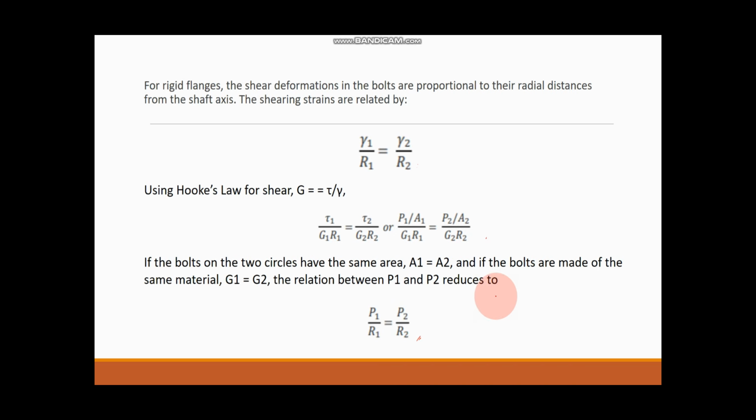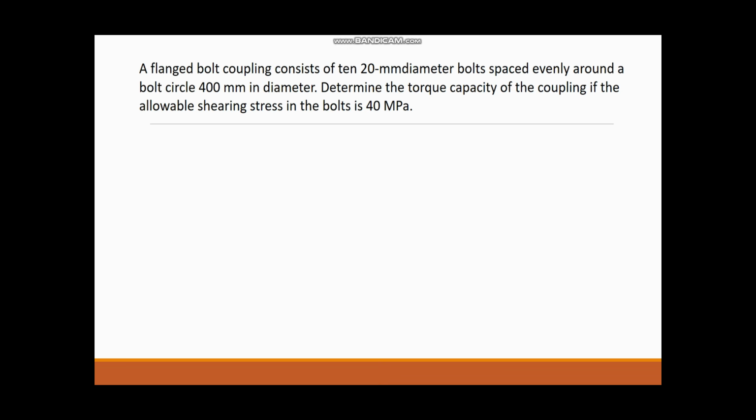So, for our examples, let us proceed to example number 1. Problem number 1. A flange bolt coupling consists of 10 20 mm diameter bolts spaced evenly around a bolt circle 400 mm in diameter. Determine the torque capacity of the coupling if the allowable shearing stress in the bolts is 40 megapascal.